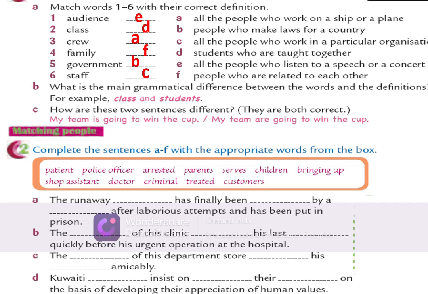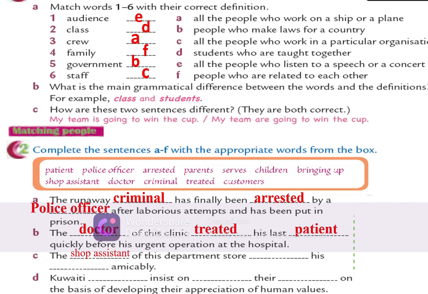For example, the runaway criminal has finally been arrested by a police officer after laborious attempts and has been put into prison. The doctor of this clinic treated his last patient quickly before his urgent operation at the hospital.